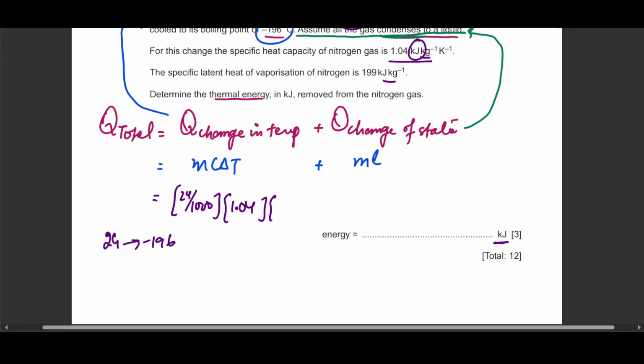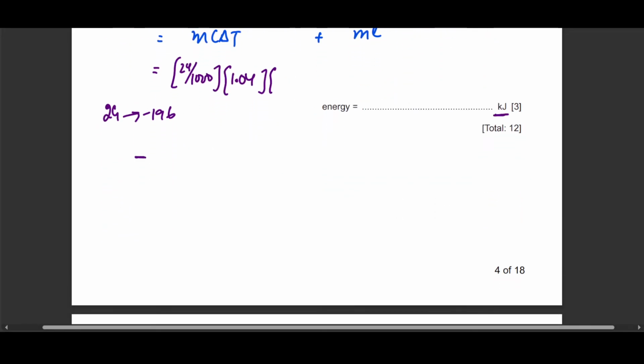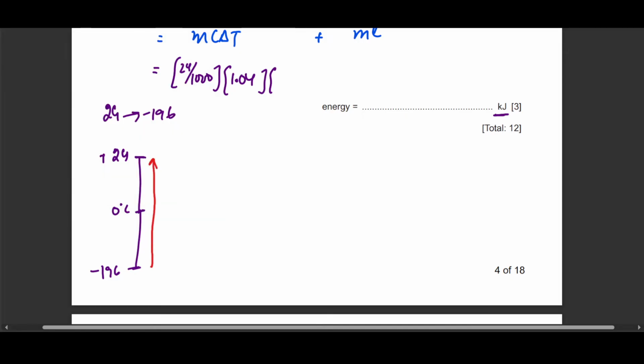Now it may confuse you, but you have to add these numbers together. Why? Because if you visualize the number scale, this is 24, this is going to be 0 degrees centigrade, and way down below is going to be minus 196. If you're looking for the change in temperature, then definitely this is the ΔT, right? So to 196, you'll have to add the 24 as a change. Or if you don't understand this number line, you can simply write final minus initial.